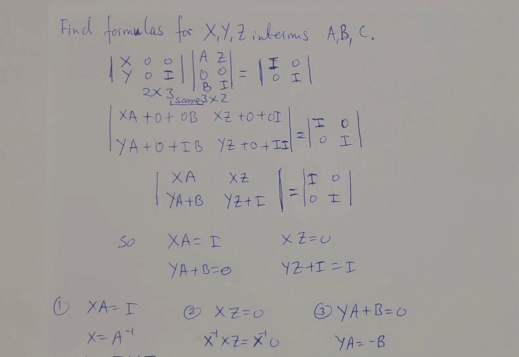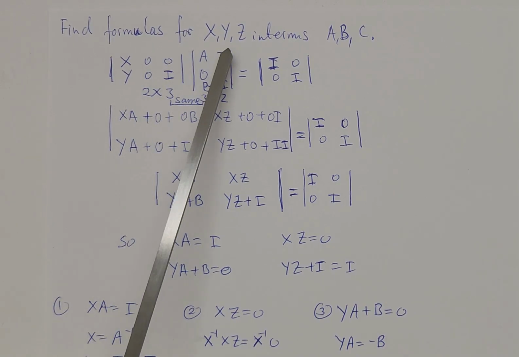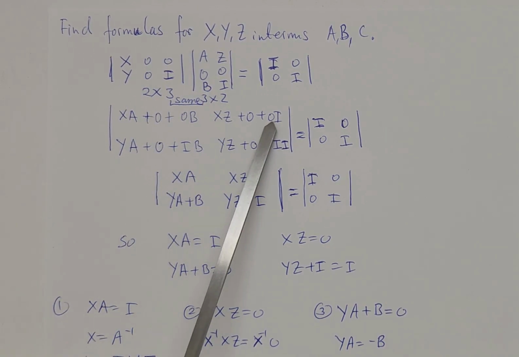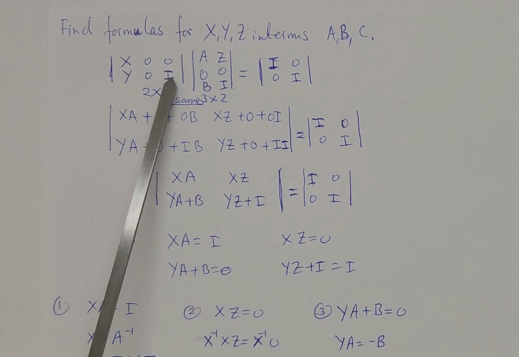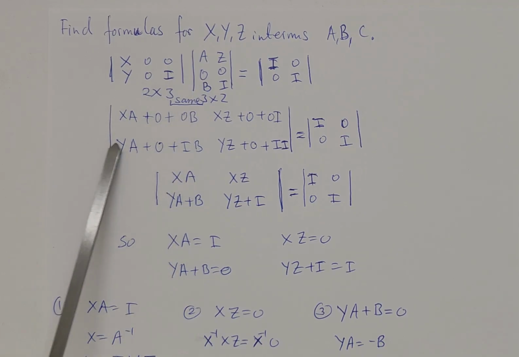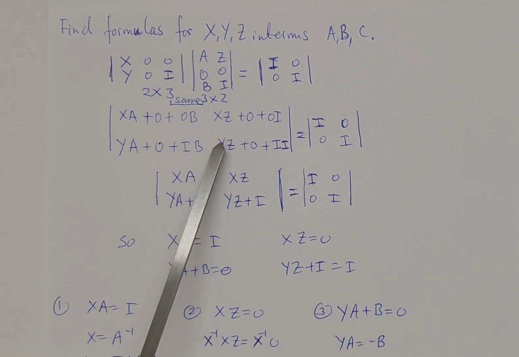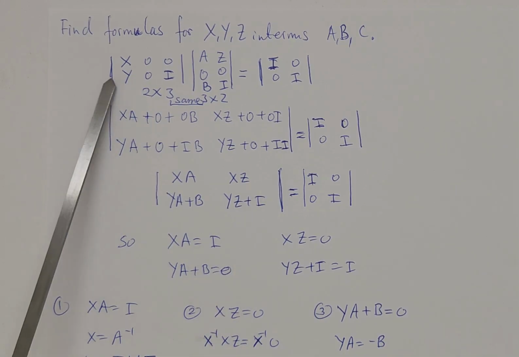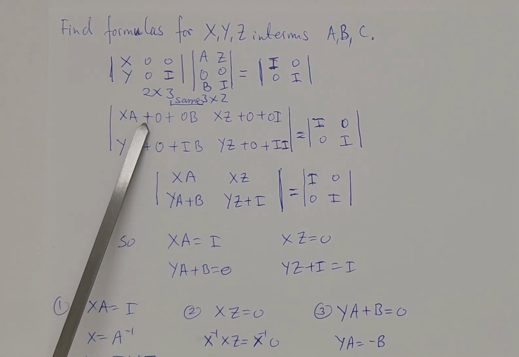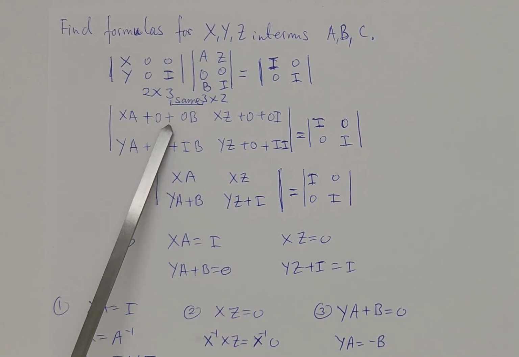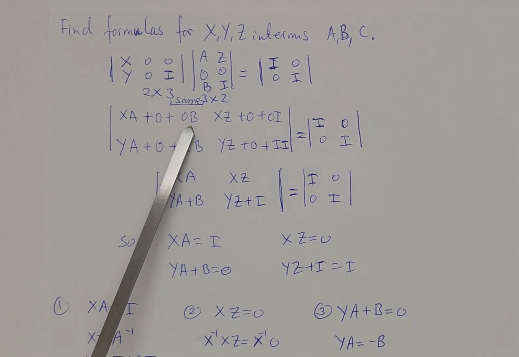So first row, first column, which is here. First row, second column, which is here. Second row, first column, which is here. Second row, second column, which is here. So x times a plus 0 times 0 plus 0 times b.